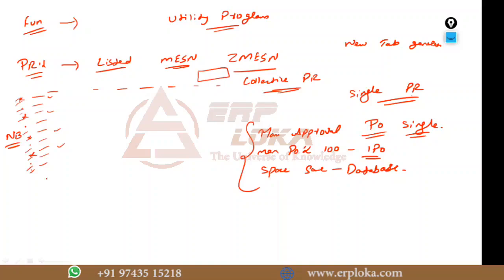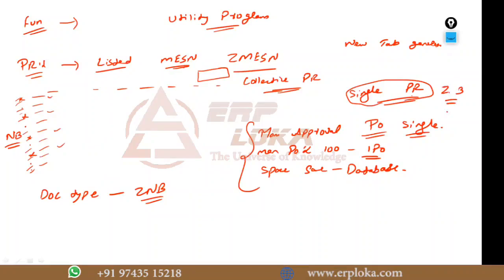Now, you need to create a new document type called ZNB. These are examples. Whenever you select these PRs and click on this collective PR, a single PR is generated, and that PR will have the document type ZNB.